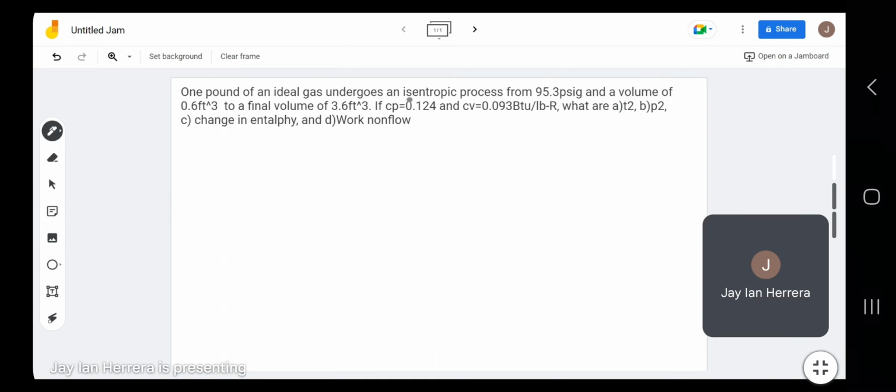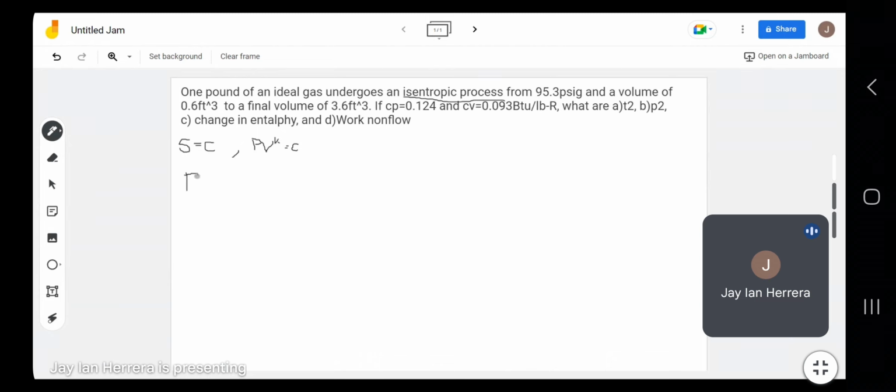Okay. So given an isentropic process, that is adiabatic or constant entropy. With this, we have the relation PV raised to K is constant. So let's rewrite the different relations.